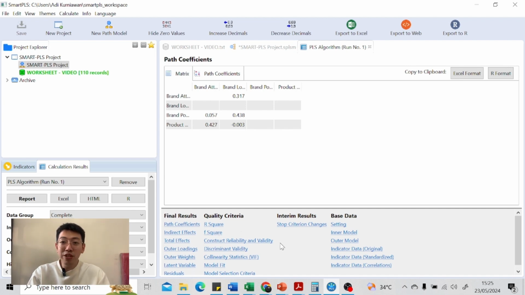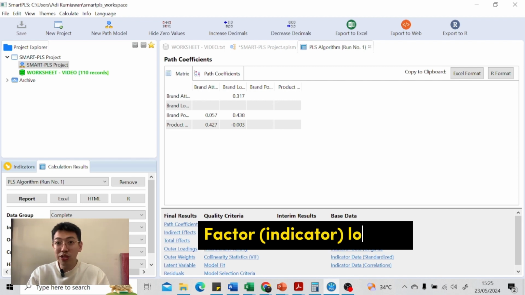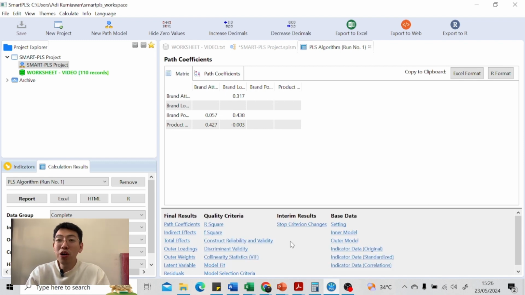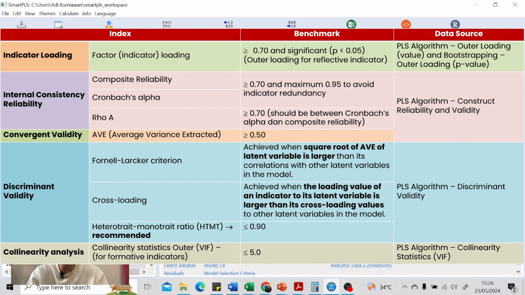The first step you need to find is the factor loading or indicator loading. Actually, this step is referred to as confirmatory factor analysis. We want to know whether an indicator or an item can be a factor of the latent variable or not. The benchmark is that the factor loading or indicator loading should be higher than 0.7, and they have to be significant.